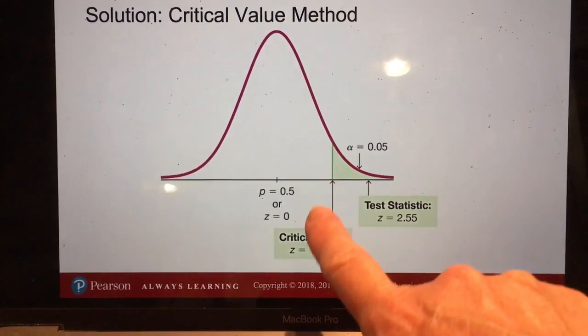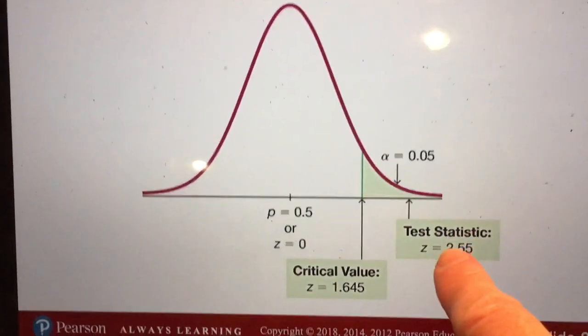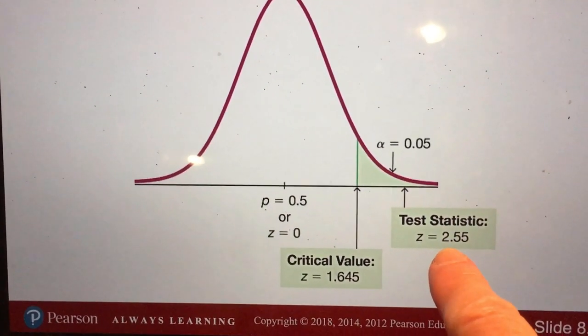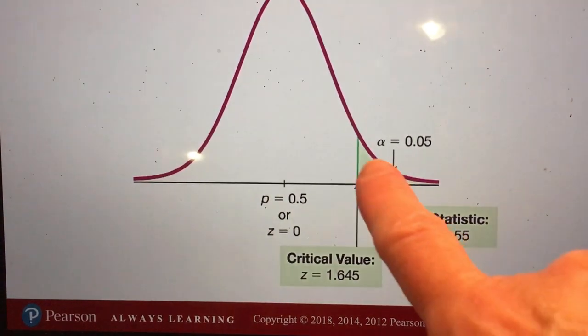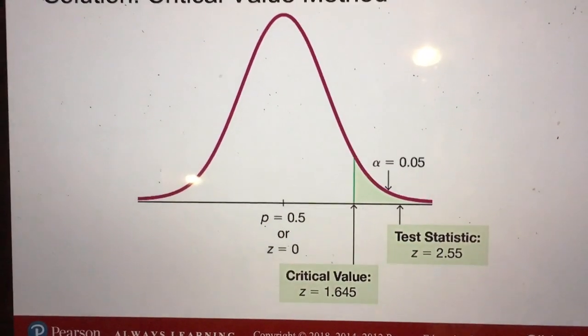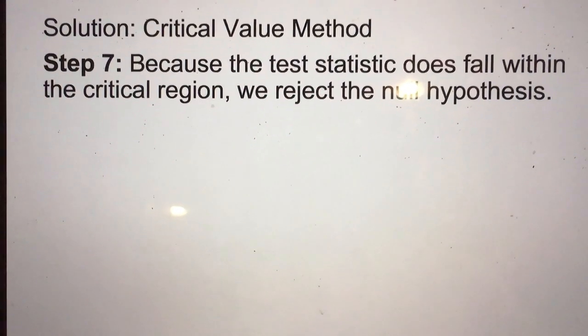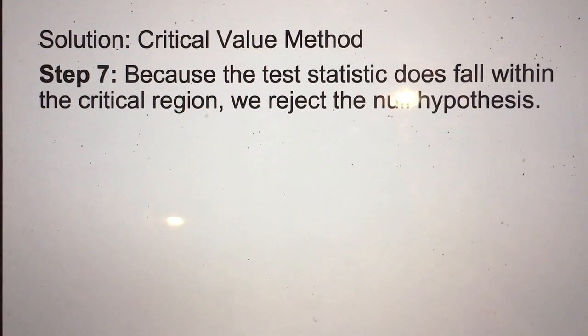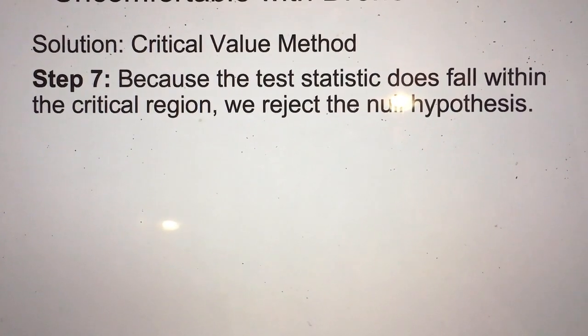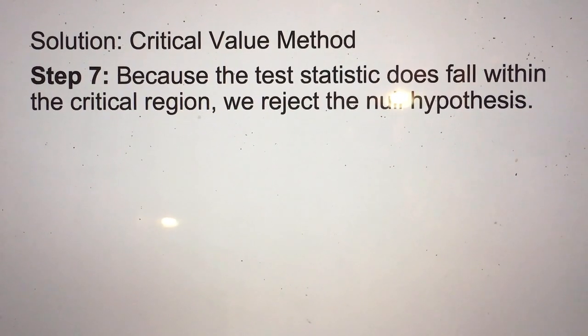Here is our critical value, 1.645. Our test statistic is to the right, 2.55, which means it's in this rejection region. And we must reject H sub O. Because the test statistic does fall within the critical region, we reject the null hypothesis.